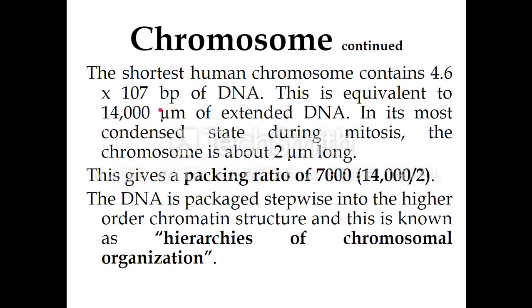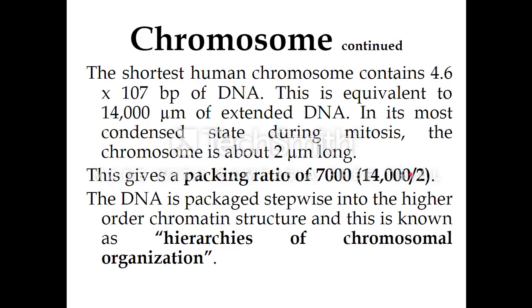Now, how will we calculate the packing ratio? It is 14,000 micrometer divided by 2 micrometer. So during mitosis, the chromosome will have a length of 2 micrometer, and in this condensed state you have 14,000 micrometer length of the DNA.